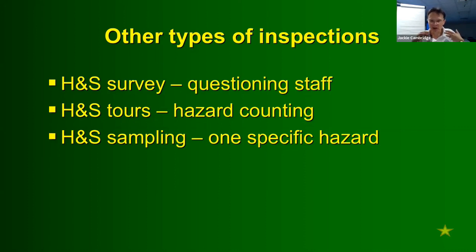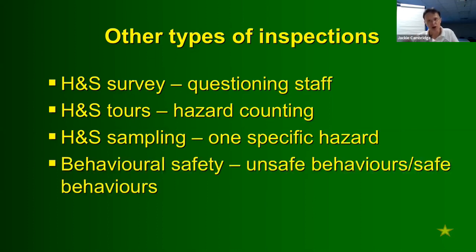But it's designed to be a quick tour, not a full-blown inspection where we have our checklist and make a note of all the specific issues. It's a measure. Behavioural safety, the main detail is outside of our syllabus, but it focuses on those unsafe actions, those unsafe behaviours.